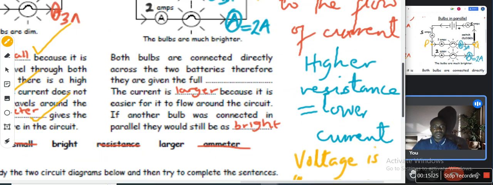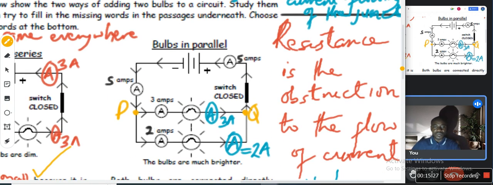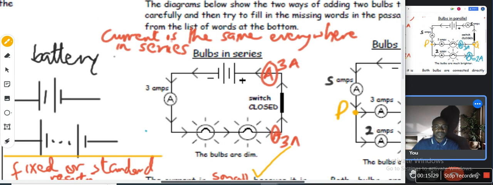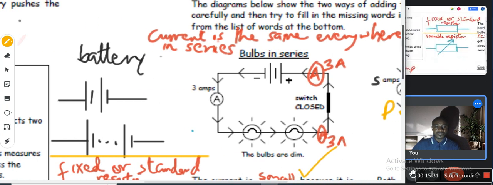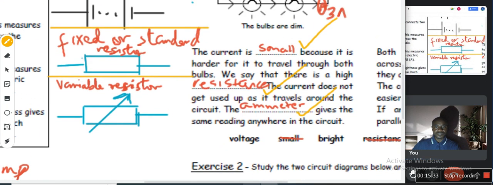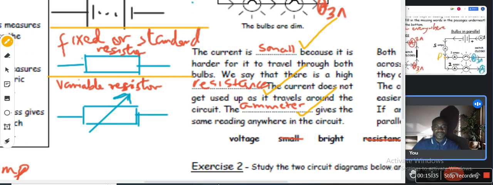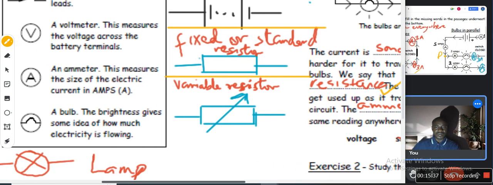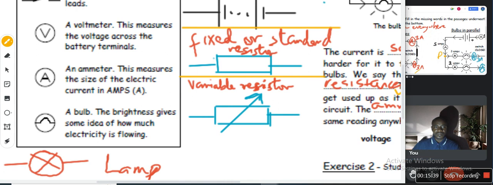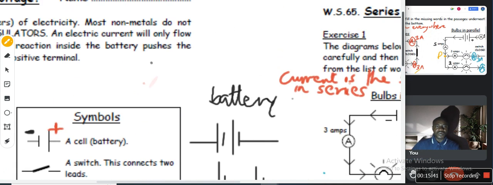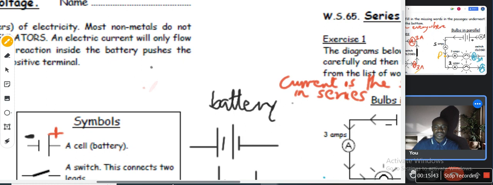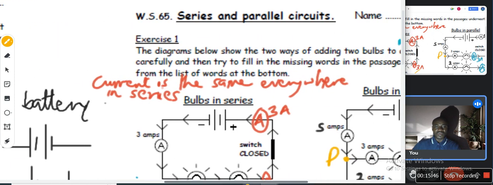So you will now understand what instrument do we use for measuring current again? An ammeter. What is the same everywhere in series? Current. Now, because current is the same everywhere in series, and we use an ammeter to measure current, it means we need to connect the ammeter in series. Ammeters are connected in series.